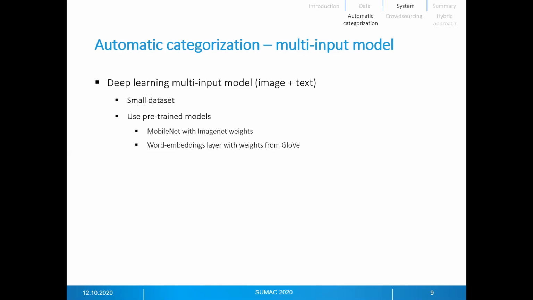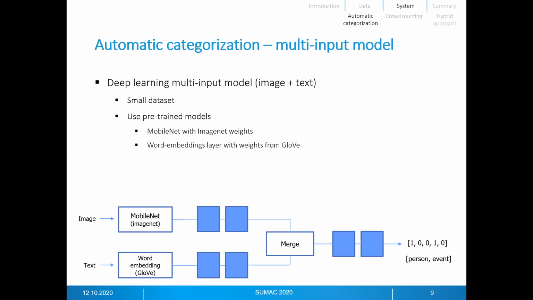Therefore, we apply transfer learning techniques by using a word embeddings layer with weights from a GloVe model and the MobileNet pre-trained model. The MobileNet model was set to use weights from ImageNet, which is trained on a large image collection and with a more general classification task. A new classifier with our custom dataset labels on top of it was added and trained with images from the training set.